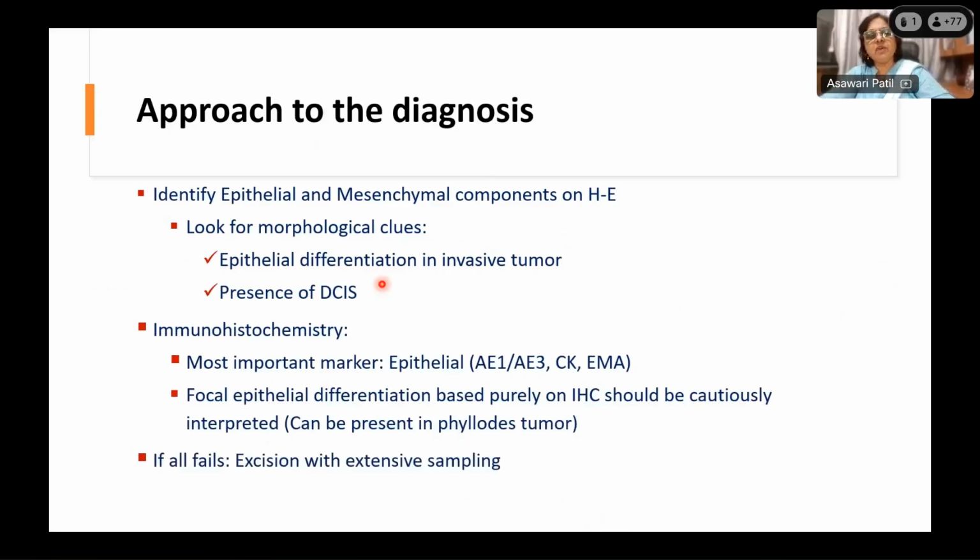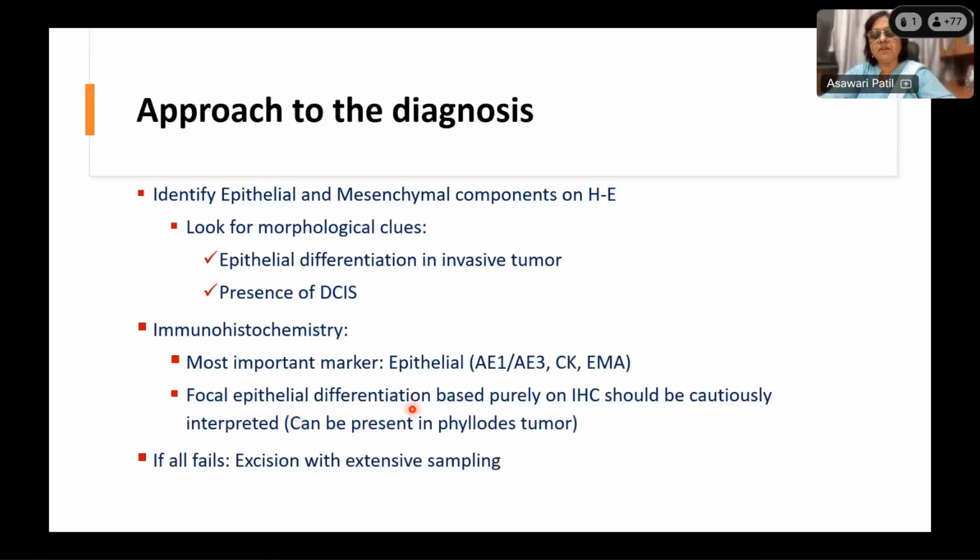Approach to diagnosis. How do we approach? First of all, in a core biopsy, look for epithelial differentiation, look for any presence of DCIS. If it is monophasic sarcomatoid and you don't see any epithelial differentiation, at least do some cytokeratins, pan-cytokeratin, EMA, and try to find out if it is positive.